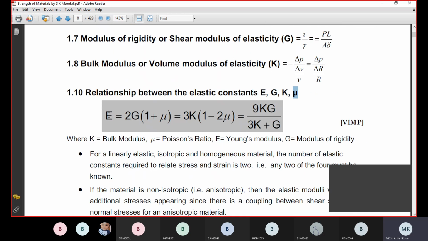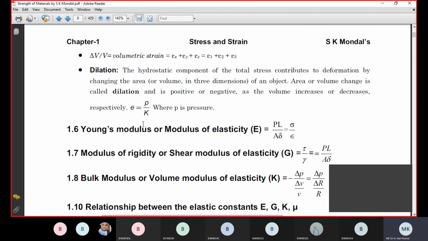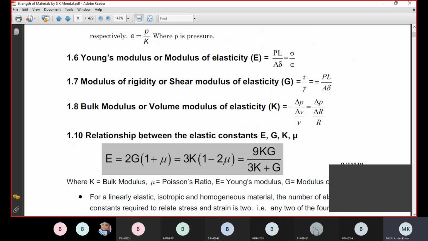Now try to remember again. I'll share this PDF maybe in 1 or 2 days when I finish my lectures from this book. So these highlighted formulae, whenever you start practicing for the GATE examination, write them on some paper, whatever source you are using for preparation.